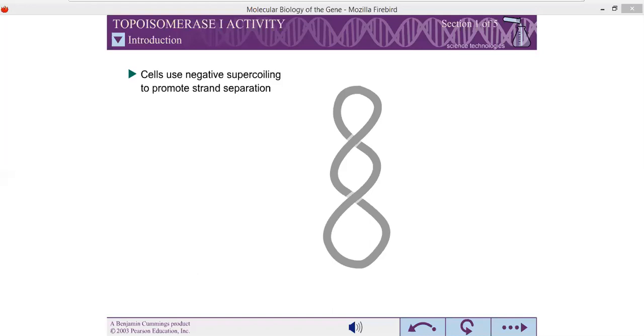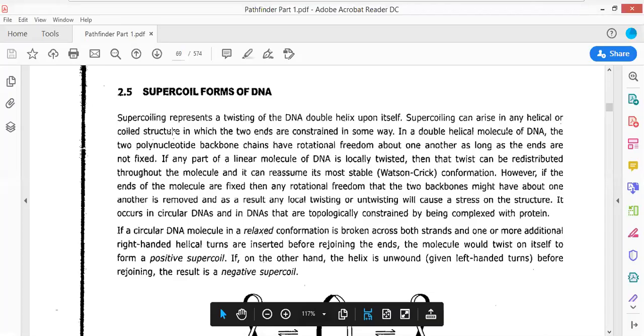In yesterday's lecture, we already talked about how supercoiling influences the structure of the DNA.